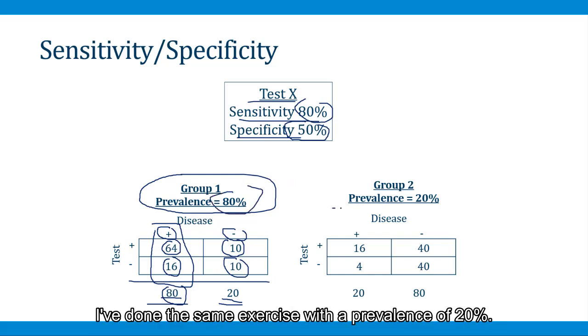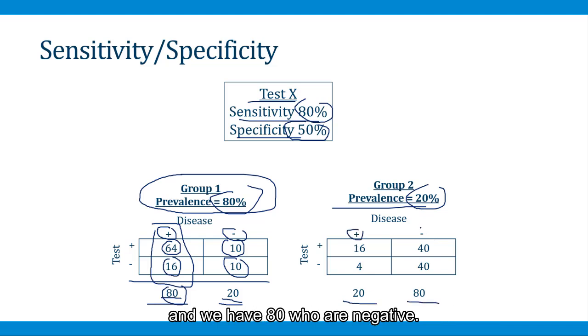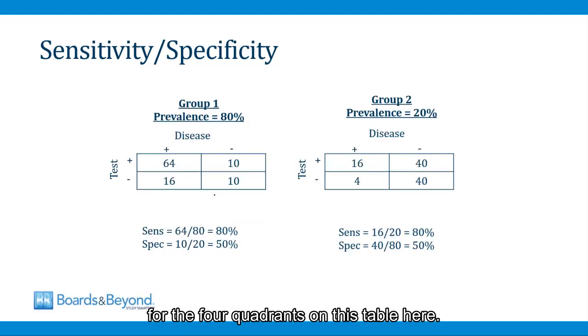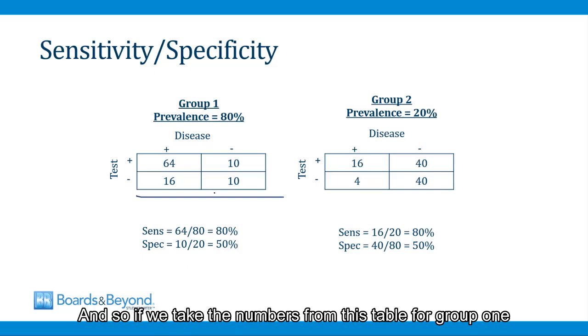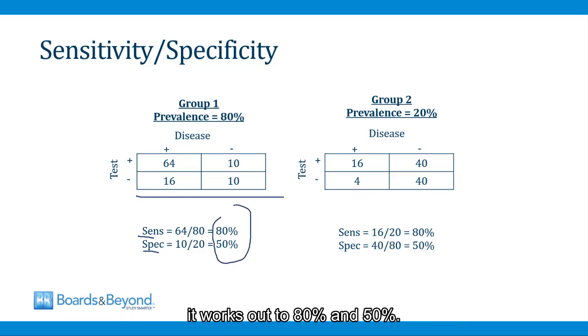Now over here I've done the same exercise with a prevalence of 20%, so we only have 20 patients who are positive for disease and we have 80 who are negative. But once again, using the test sensitivity and specificity, I've filled in all the values for the 4 quadrants on this table here. And so if we take the numbers from this table for group 1 and we calculate the sensitivity and specificity, it works out to 80% and 50%.